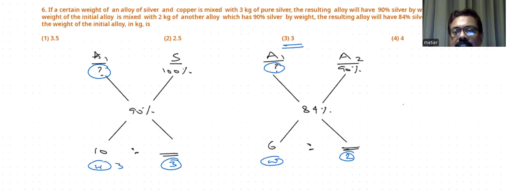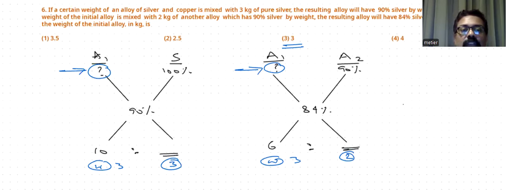What we will check here: if 3 is our answer, then here and here you will have the same percentage of silver. If we have the same percentage of silver in the first allegation format and the second allegation format, it means our assumption is correct. If it is not, then we have to go for another option.